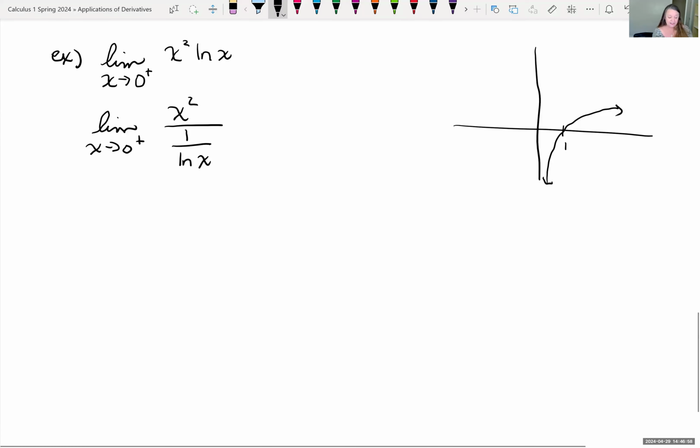That is exactly the same thing, because if I flip it up when I'm dividing by 1 over the natural log of x, that would be x squared times the natural log of x. But now if I plug in 0 wherever I see an x, I get 0 divided by 1 over infinity, which is 0. So I get that indeterminate form, which I wanted, 0 over 0. And now that I get that form, I can use L'Hopital's rule.